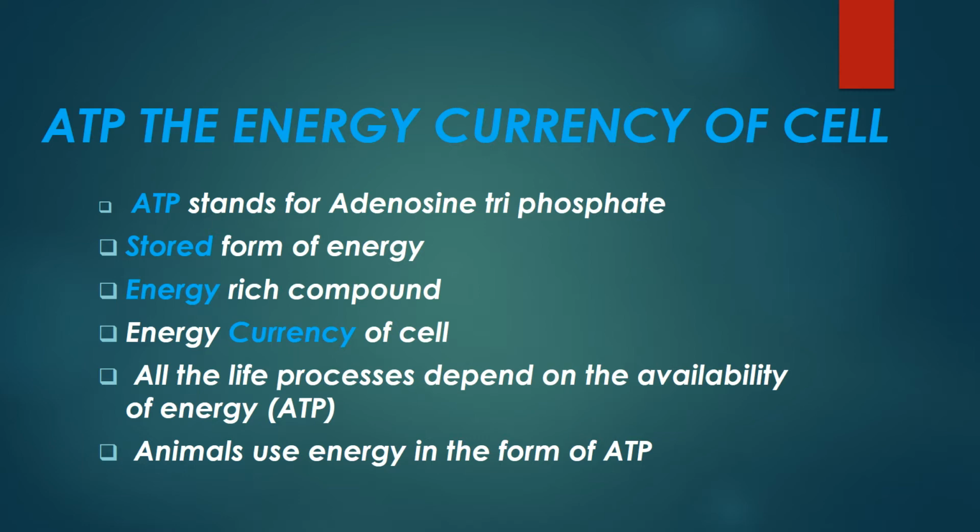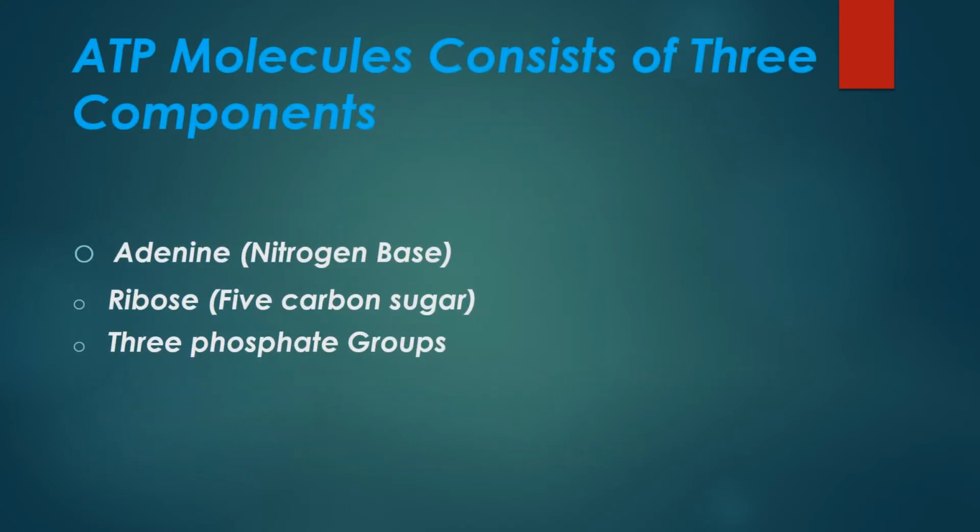Okay, ATP has its unique structure, therefore it is an energy rich compound. All the processes, as I said, depend on the availability of energy. Animals use energy in the form of ATP.